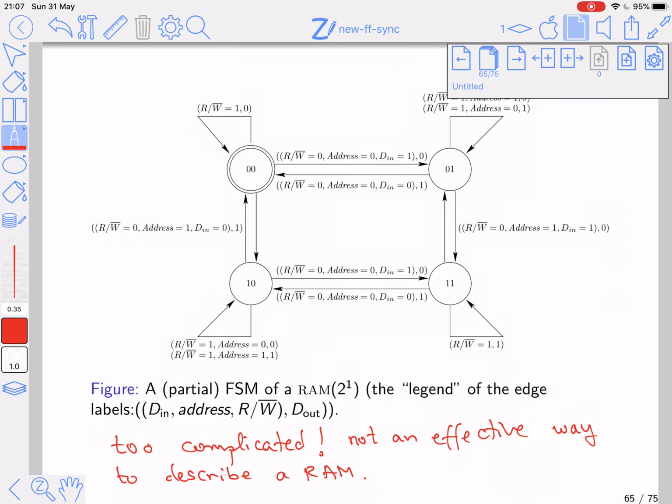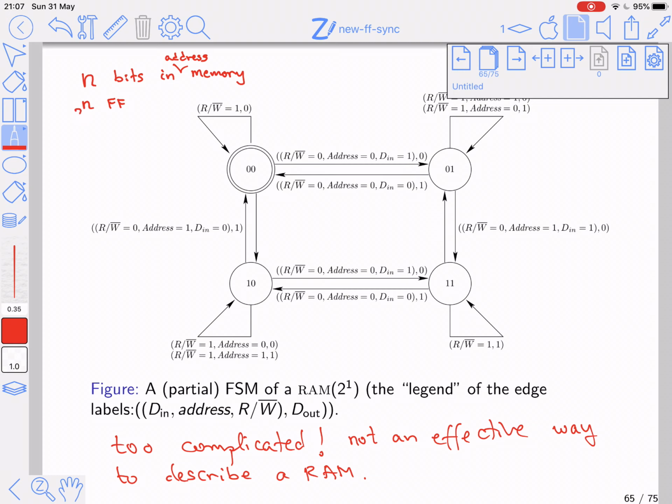Yes, I want to emphasize. Here I have n. It's not 2 to the n states. Let me explain why. I have n bits of address.